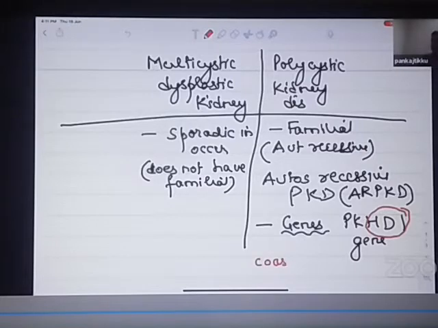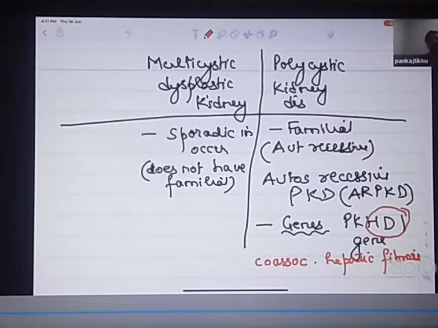So the liver invariably is involved, the reason being that the gene usually mutated in this condition is the PKHD1 gene. PK stands for polycystic kidney, but HD stands for hepatic dysfunction.